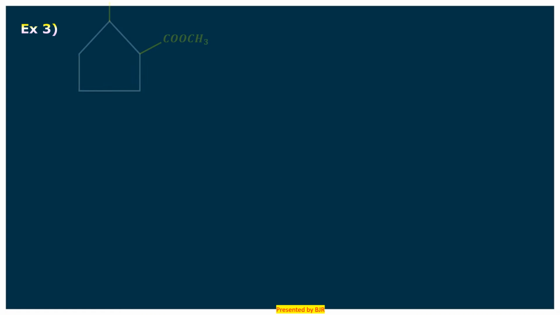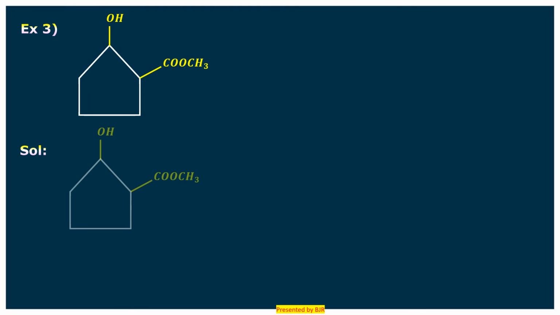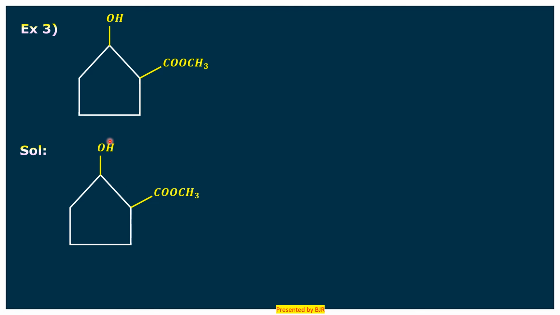Next, example 3. Solution. See here, in this alicyclic organic compound, 2 functional groups have been directly attached to the ring. Between these 2 functional groups, we have to select one as the principal functional group, and the other should be treated as the substituent. The selection of the principal functional group is based on the seniority table.